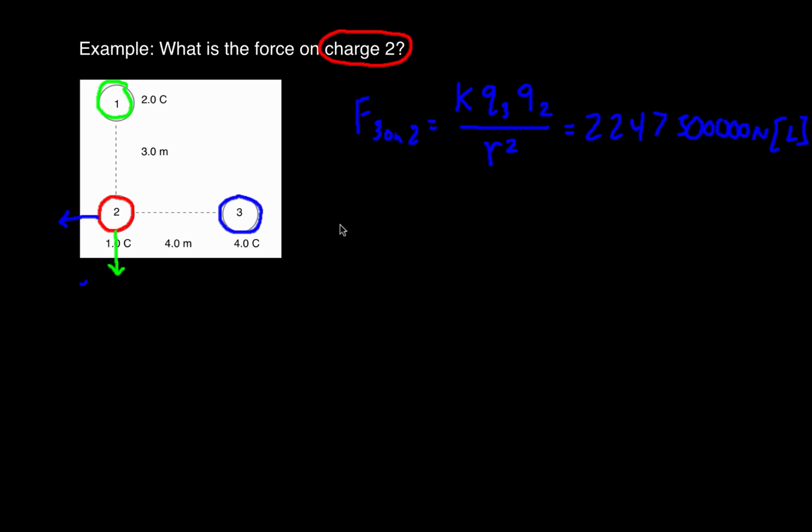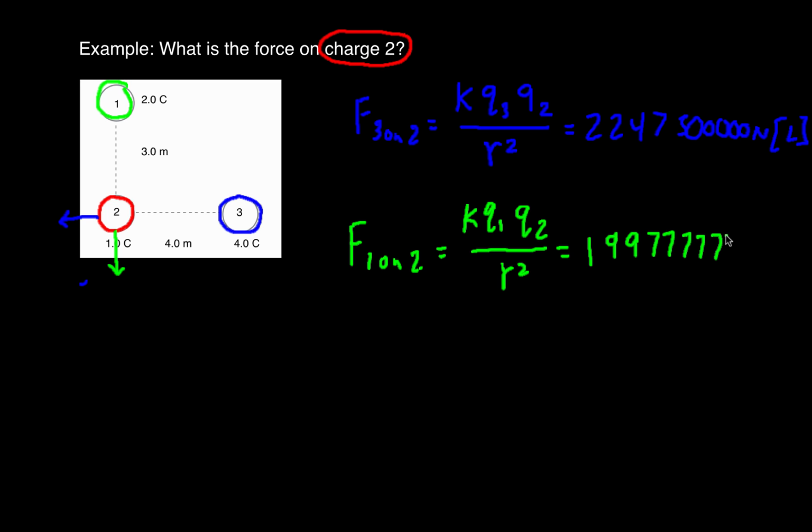Charge 1 pushes on charge 2. Similarly, K, Q1, Q2 divided by the distance between them squared gives us a force 1 on 2 equal to 199,777,777 newtons, and this one is down.